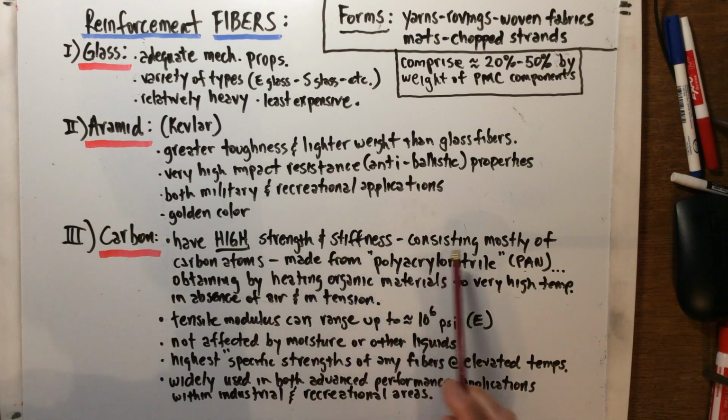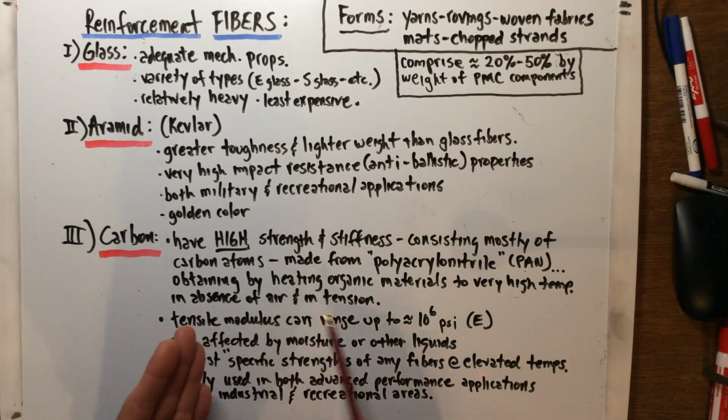So at any rate, this material consists mostly of carbon, of course, and it's made from a material called polyacrylonitrile, which is PAN for short, which is obtained by heating organic fibers to very, very high temperatures in the absence of any air, and while they're doing this, they're pulling it in tension, and that creates these carbon fibers. All right.